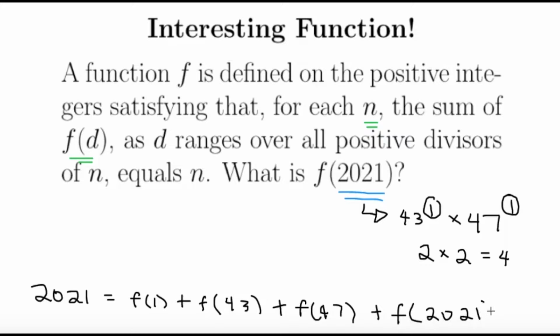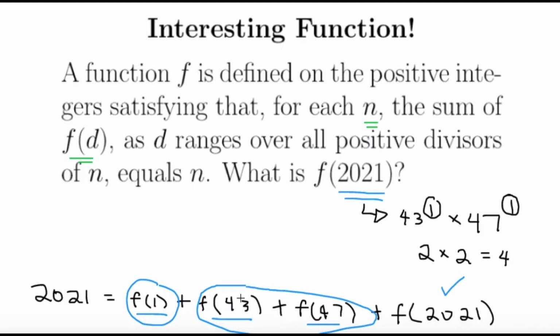In fact, if we can find the value of these three, f of 1, f of 43, and f of 47, we would be able to get the value of f of 2021. So we have two things that we want to know: f of 1, and f of 43 and 47, which are both prime numbers. In fact, we can try to get the general formula for f of a prime number.